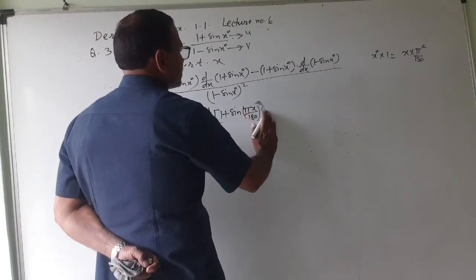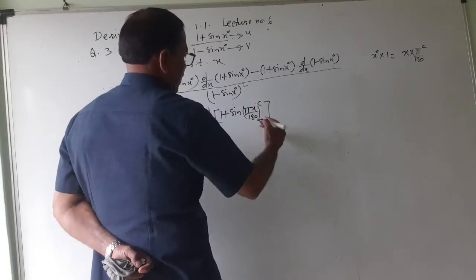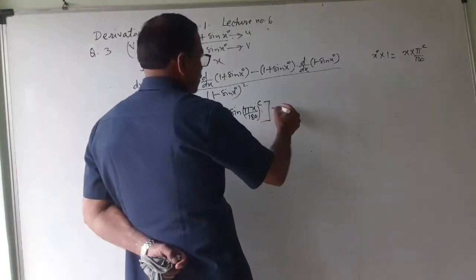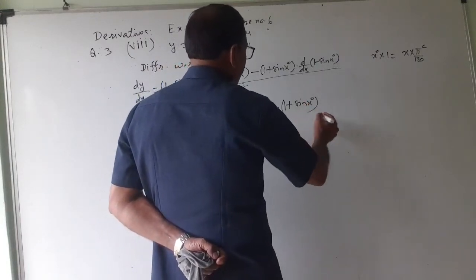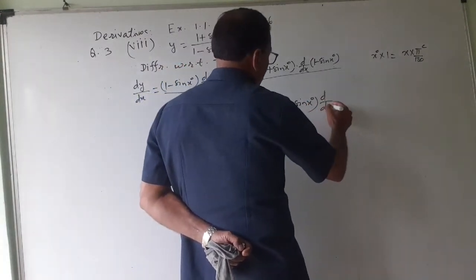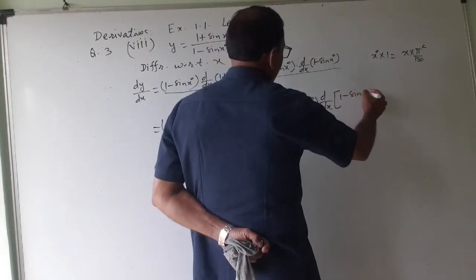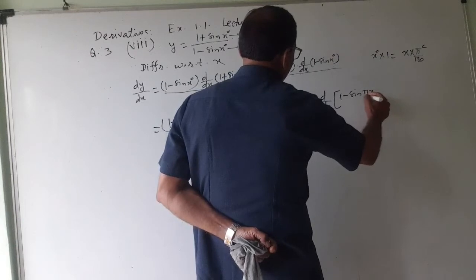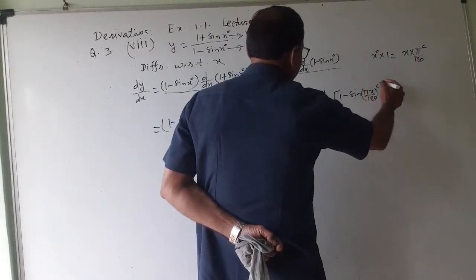It is written as C. I'll just mention it properly. C, this way. Minus (1 plus sine x degree) into d by dx of (1 minus sine of pi x upon 180). This is in the radians.